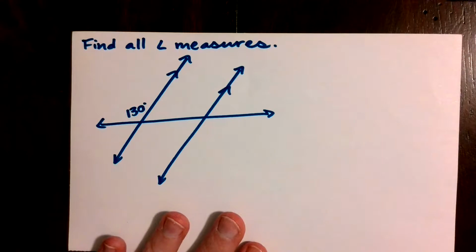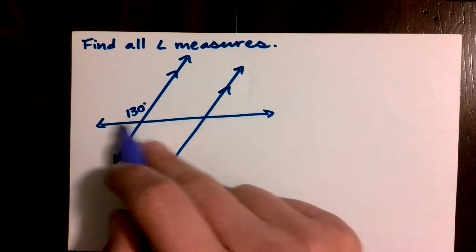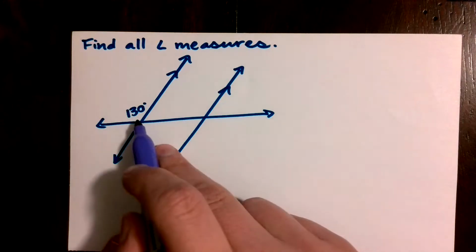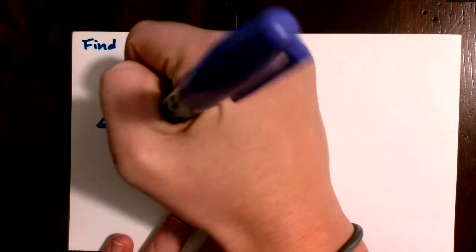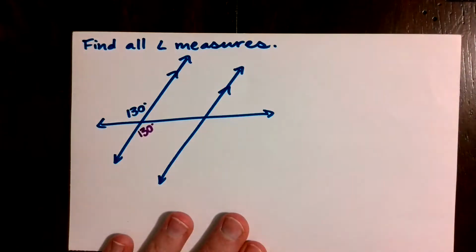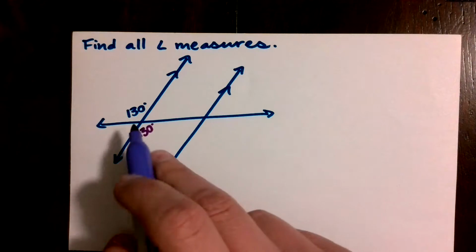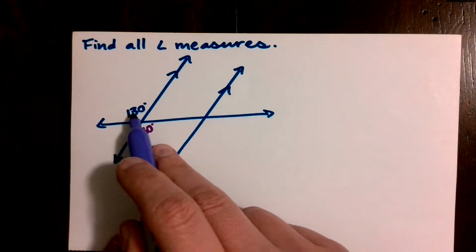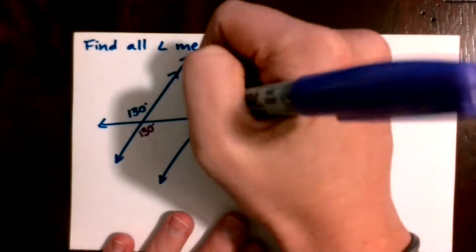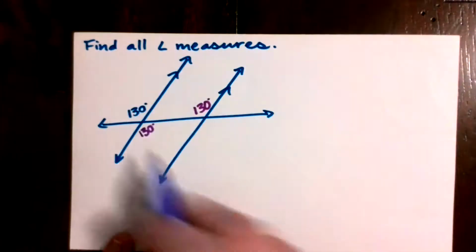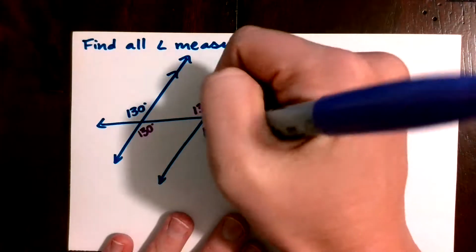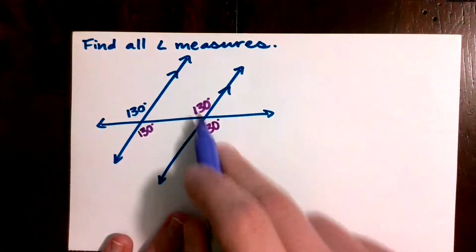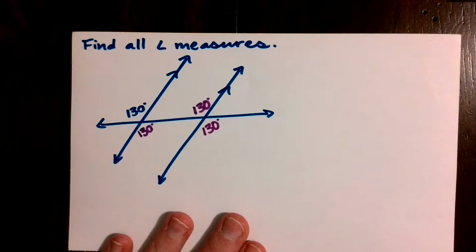That means we've got a lot of angles that are the same, but it kind of makes some sense. We've got just starting out with one angle. If this is 130 degrees, that means the angle that is vertical to it would also be 130 degrees. We just learned that corresponding angles would have to be congruent, so I could go from that 130 to here. I could also go from that original angle to an alternate exterior angle that we also know is congruent, which we knew the vertical angles would be congruent anyway.